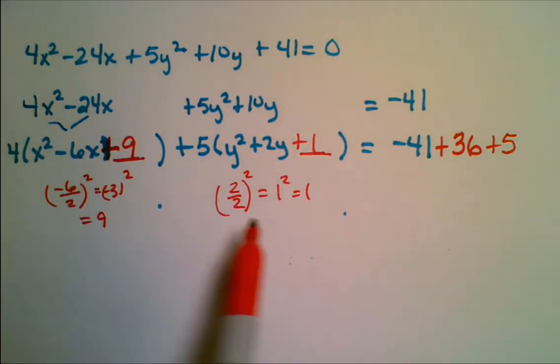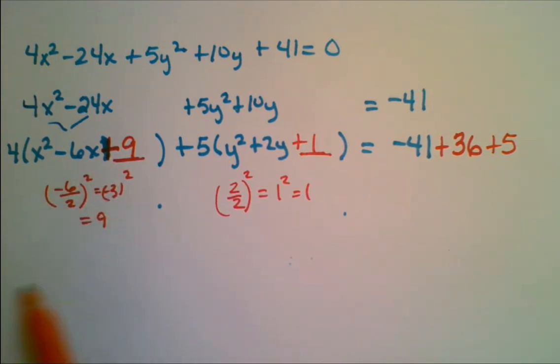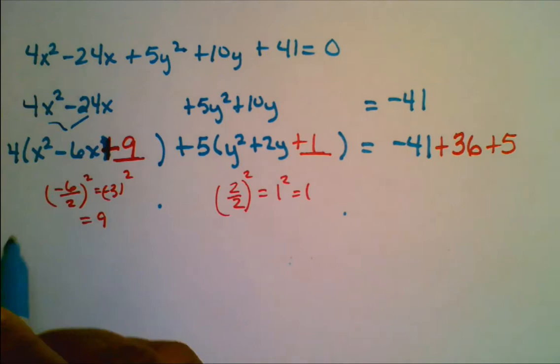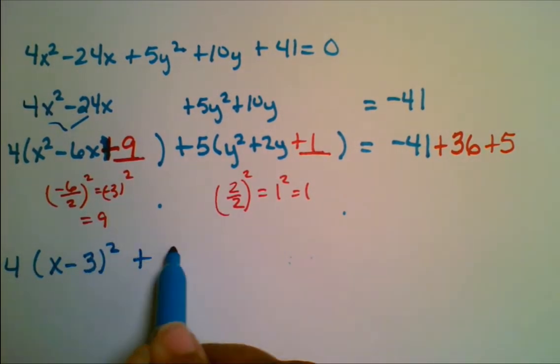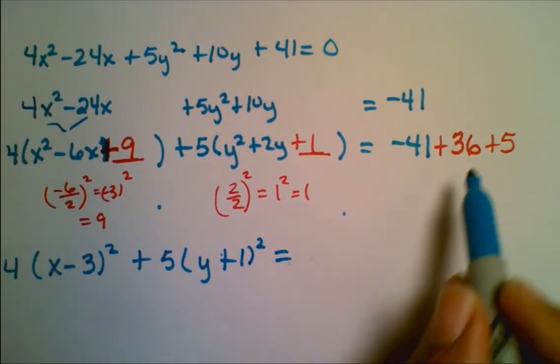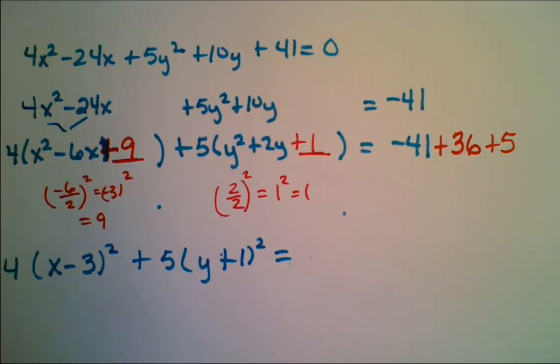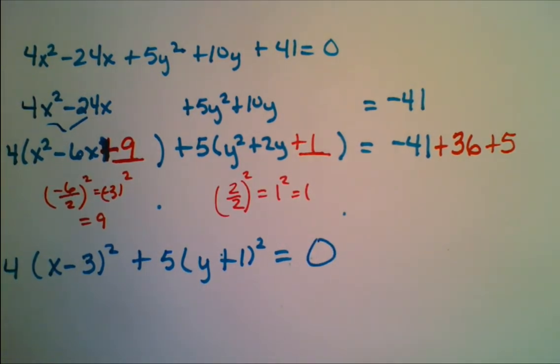Then on the left-hand side, let's write the trinomial as a binomial squared. So we have here 4 times x minus 3 squared plus 5 times y plus 1 squared equals, look at the right-hand side. When we add those together, what would that give us? A 0.